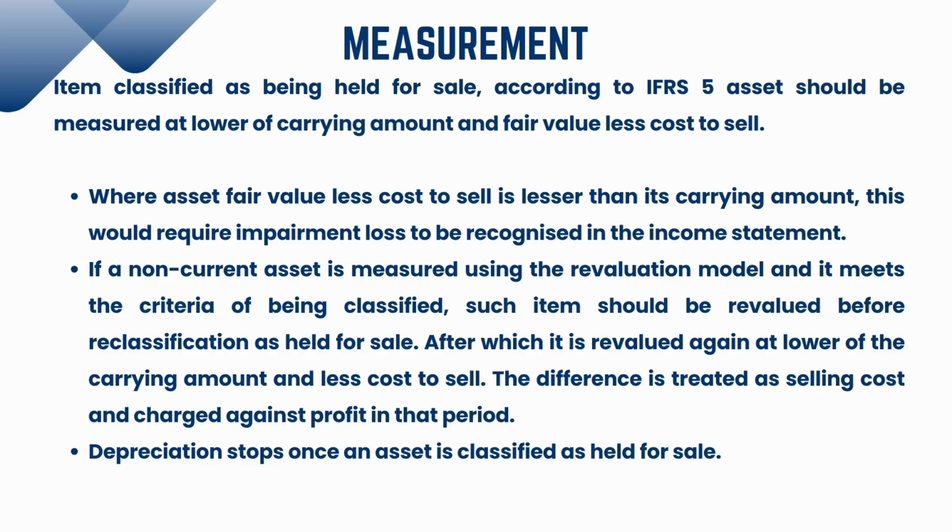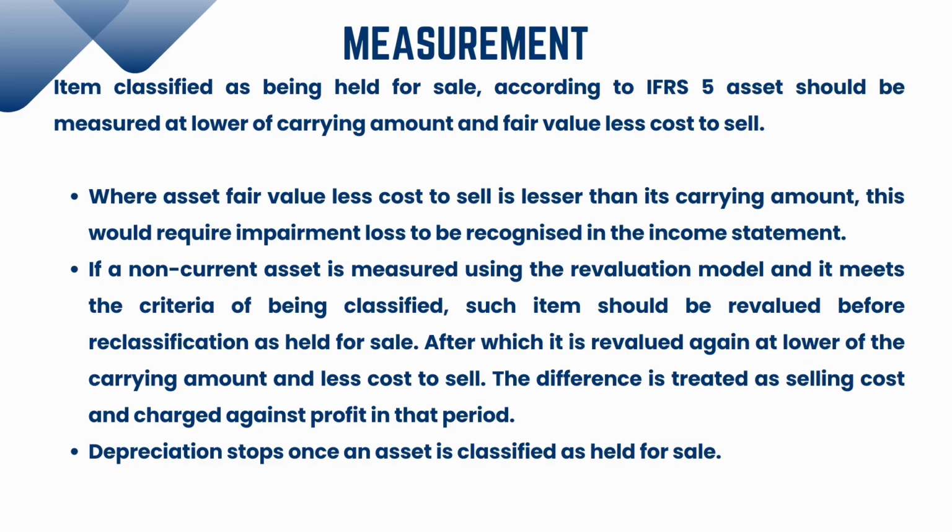So now in an instance where the non-current asset is measured using the revaluation model and it also meets the criteria of being classified as a non-current asset held for sale, what do you do? The first thing you do is revalue that asset using the revaluation model. If the carrying amount is already 1,000 naira in the books of account, but then there is a revaluation and the value increases by an extra 500, you revalue that asset.